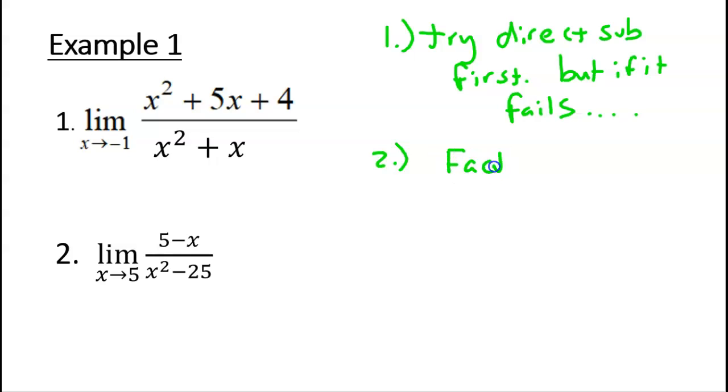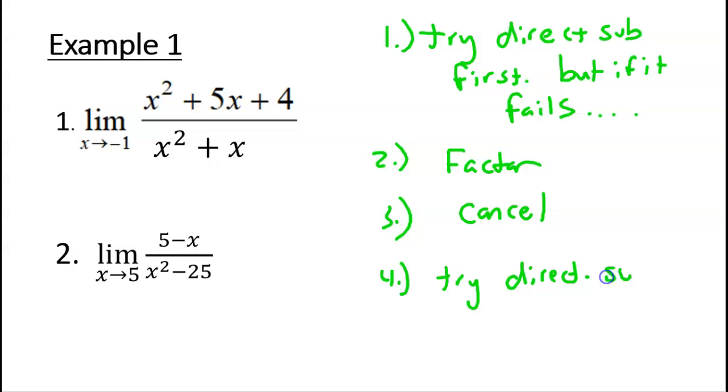After that, we're going to divide out the common factor, or cancel out whatever's the same on the top and bottom. And after we do that, we try direct substitution again. And at that point, you should get an answer. Okay? And just so you guys know, like I said, we're not going to do this first step anymore because it's always going to turn out the same. Direct substitution is going to fail. So we're just going to start off with step 2 right away and for the rest of the day.